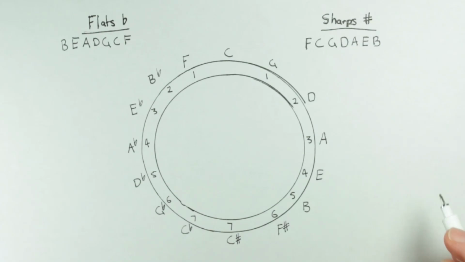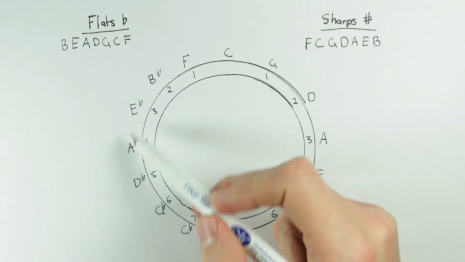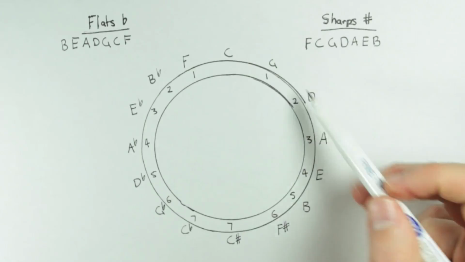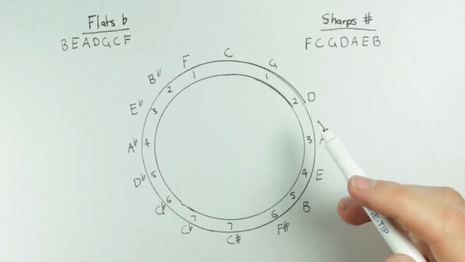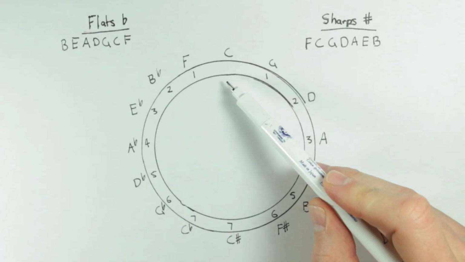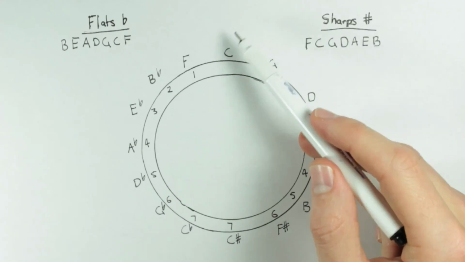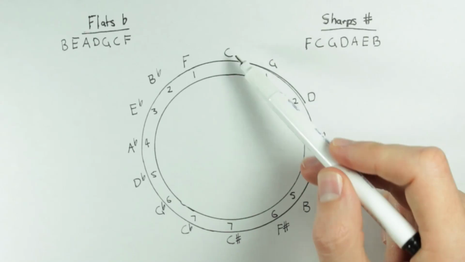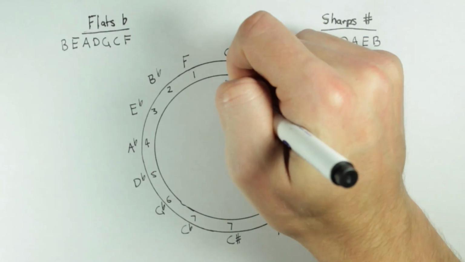Okay. Now with each major scale, each major chord, there is a relative minor. So that means, for example, C has no sharps or flats, and then just by memory we know that A minor has no sharps or flats.